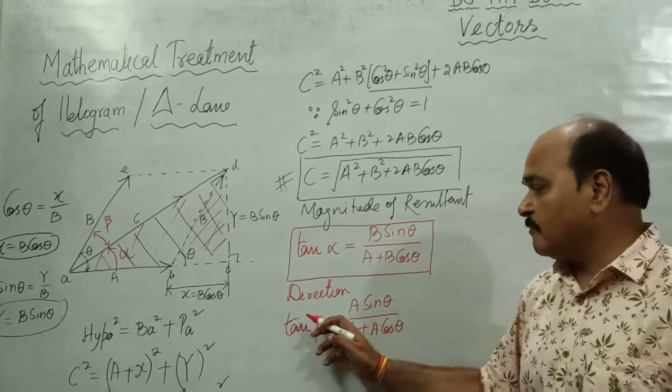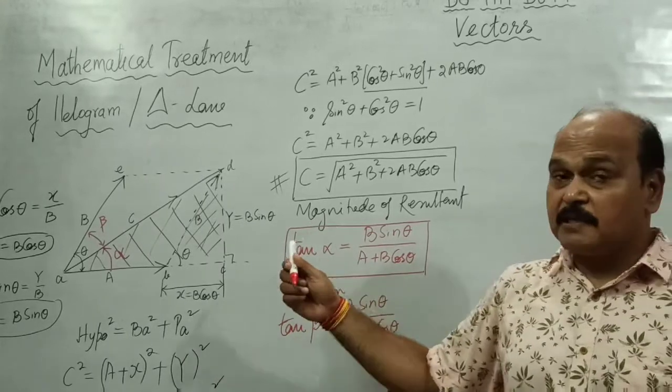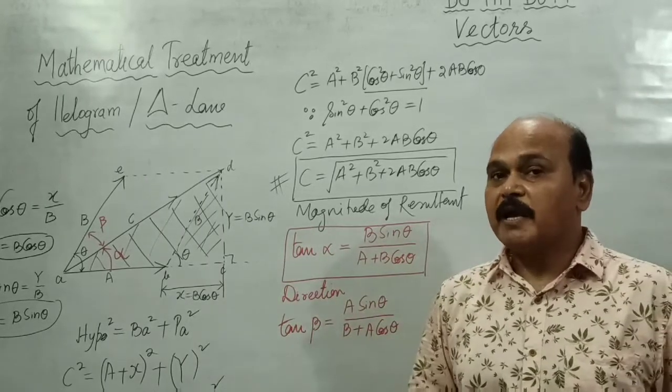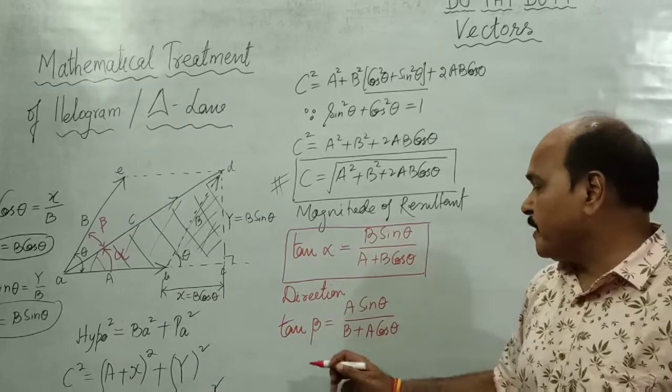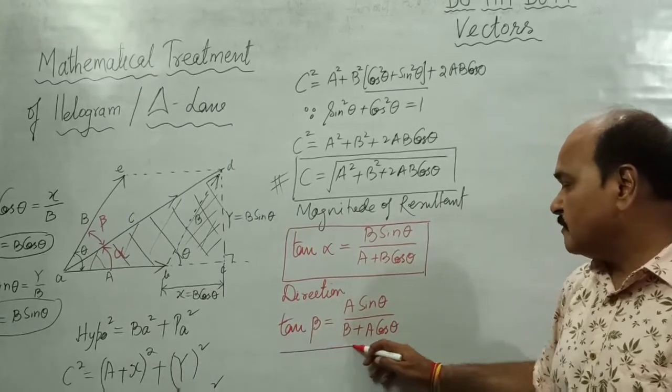So this is the angle which the resultant makes with B, and this is the angle which resultant C makes with A. So from any of these two angles we can express the direction of the resultant.